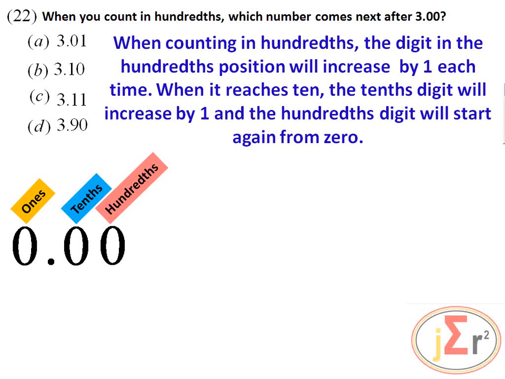And later on, we will take a look at the reason for this. But what we are saying is that the hundredths digit will increase by 1 each time. And when it gets to 10, the tenths digit will increase by 1, and the hundredths digit will return to 0.